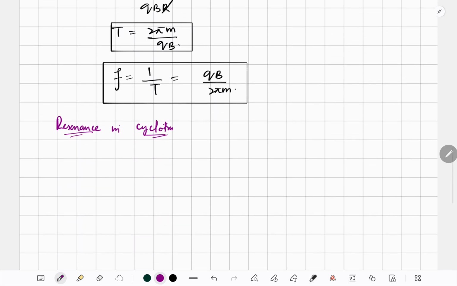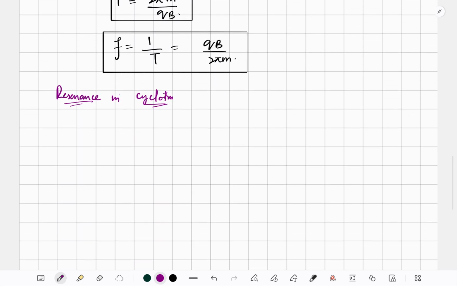Now one more thing is the limitation of the cyclotron. The basic limitation is the frequency limitation. The frequency is given by qB divided by 2 pi m. So if the electric field keeps increasing the velocity, there would come a time when the velocity would be very high.